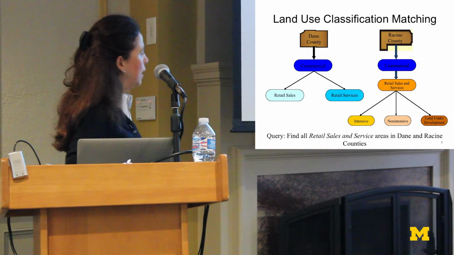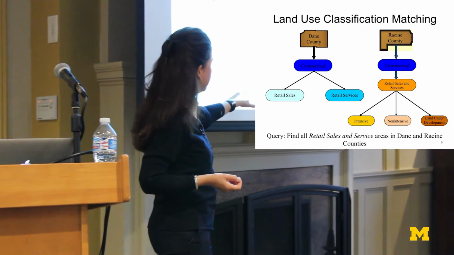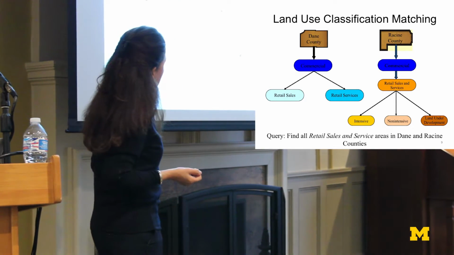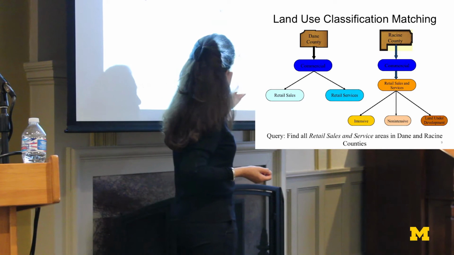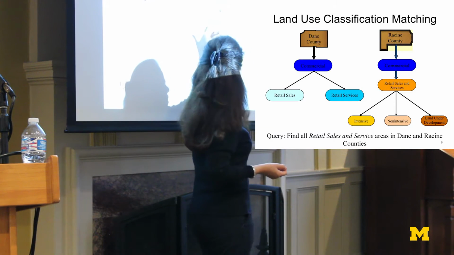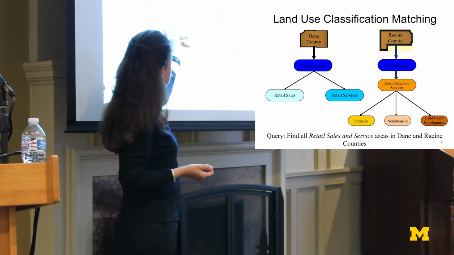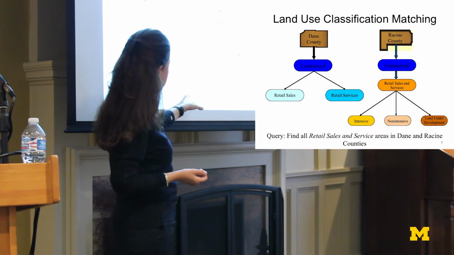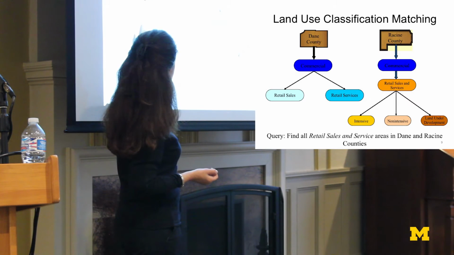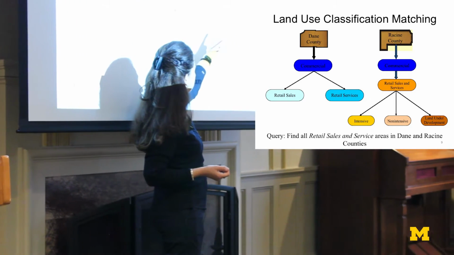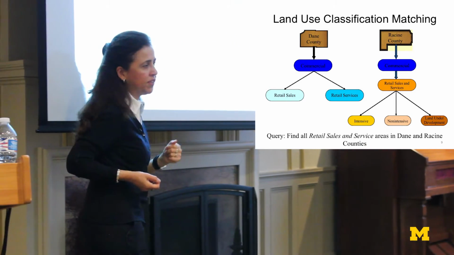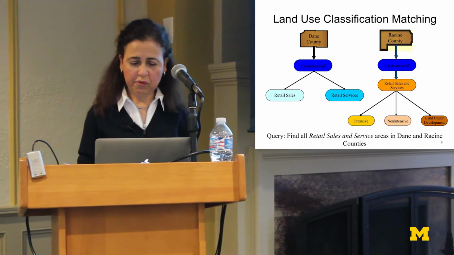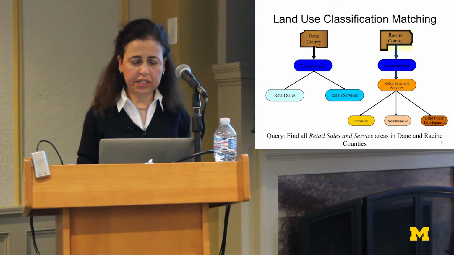So, retail sales and service. This is a relatively easy one here, because we have to look at the union of these two nodes. In case the query was retail sales only, of course here we have the union of the two, so we'll have to answer this with a certain uncertainty. So there will be uncertainty associated with it.